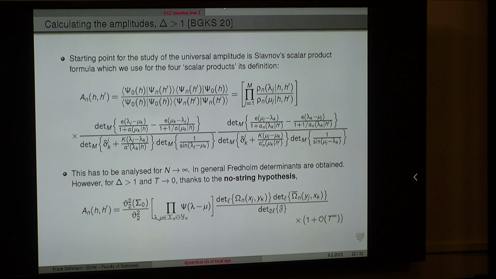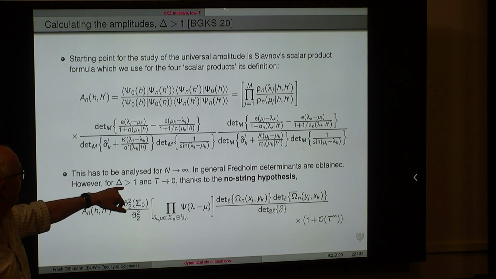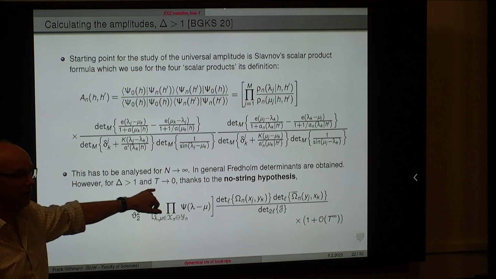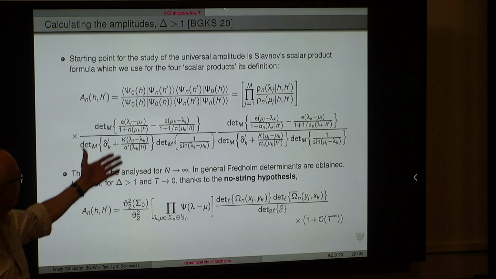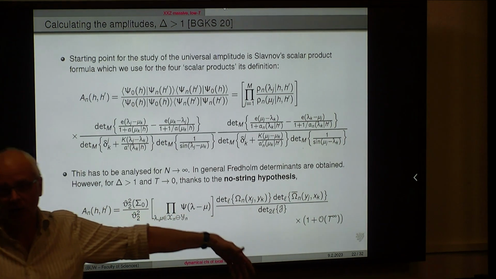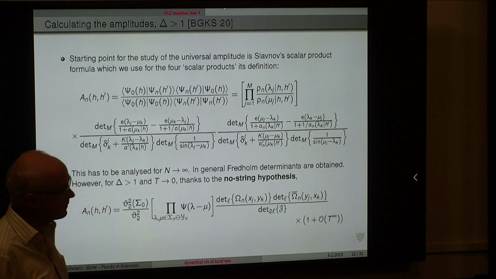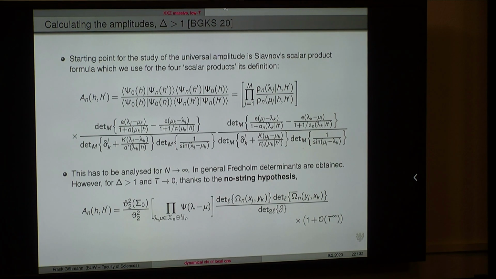And so there are severe simplifications happening in this case, delta larger than 1 and when t goes to 0. So generically, if you start from large determinants and make the matrix larger, you expect to get something like Fredholm determinants, right? But in this case, we can evaluate them.